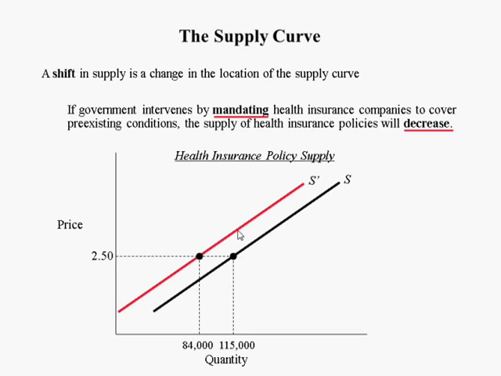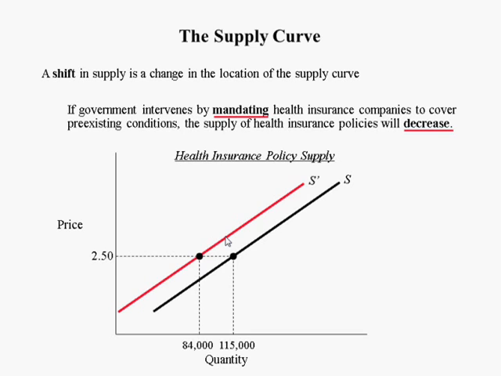Now, that's not the whole story. Remember, government anticipated this and, as a result, required all Americans to have an insurance policy. So imagine there's a demand curve here initially. If we just look at this first mandate that health insurance companies have to cover pre-existing conditions, that's going to drive up health insurance premiums.